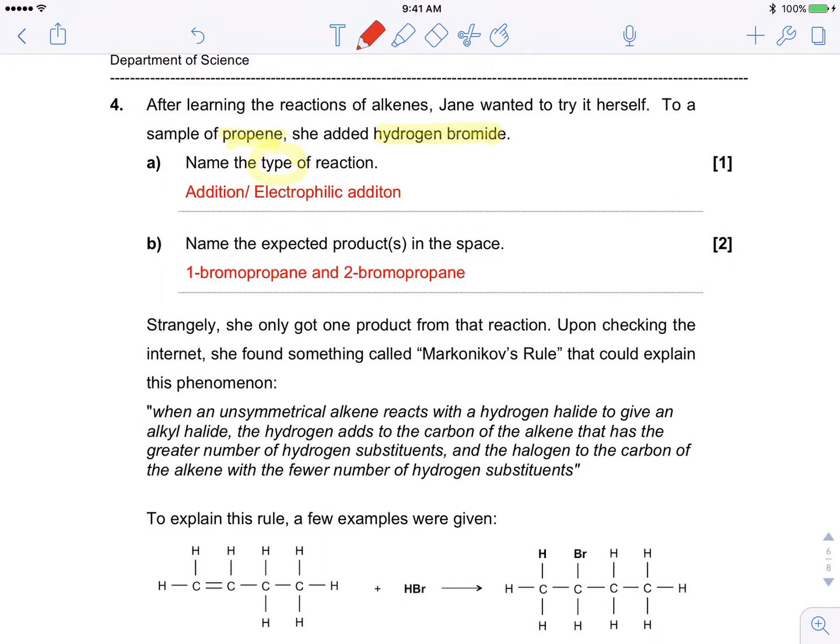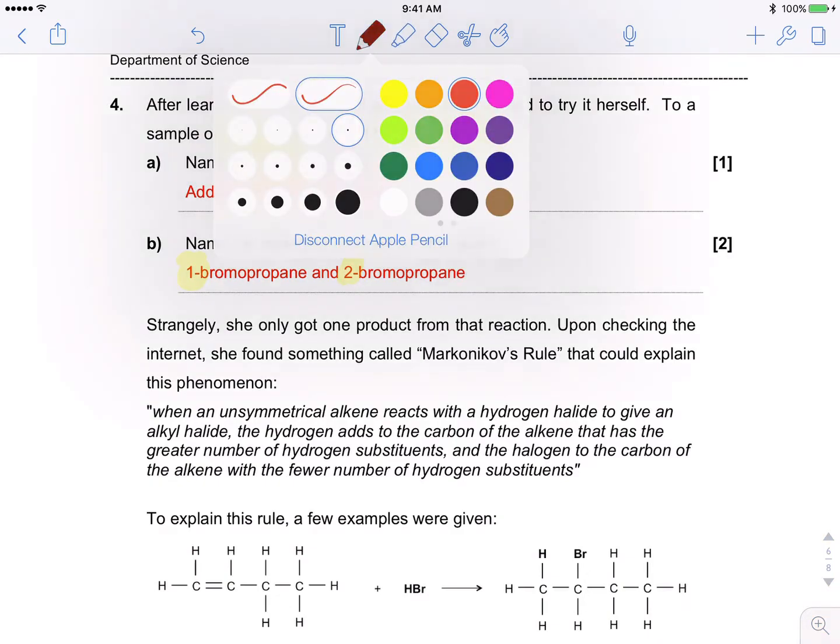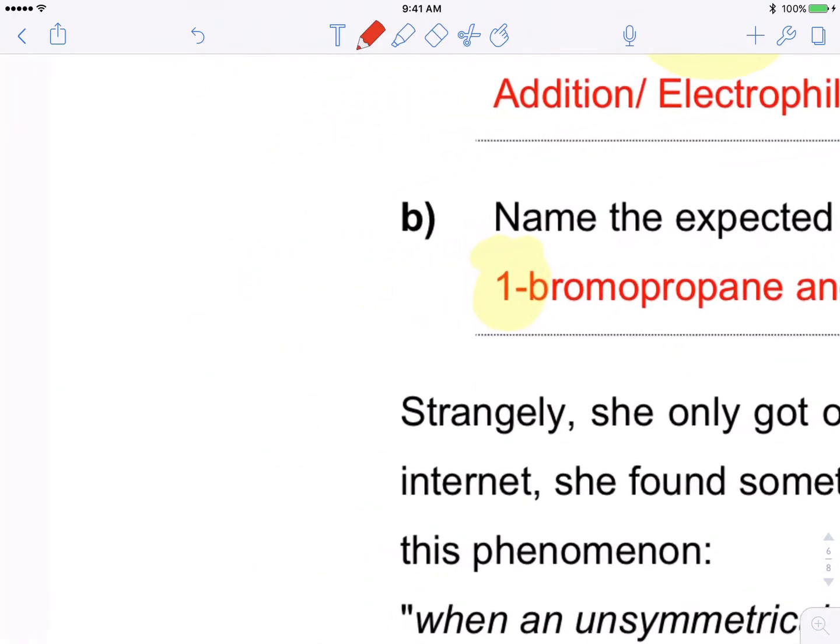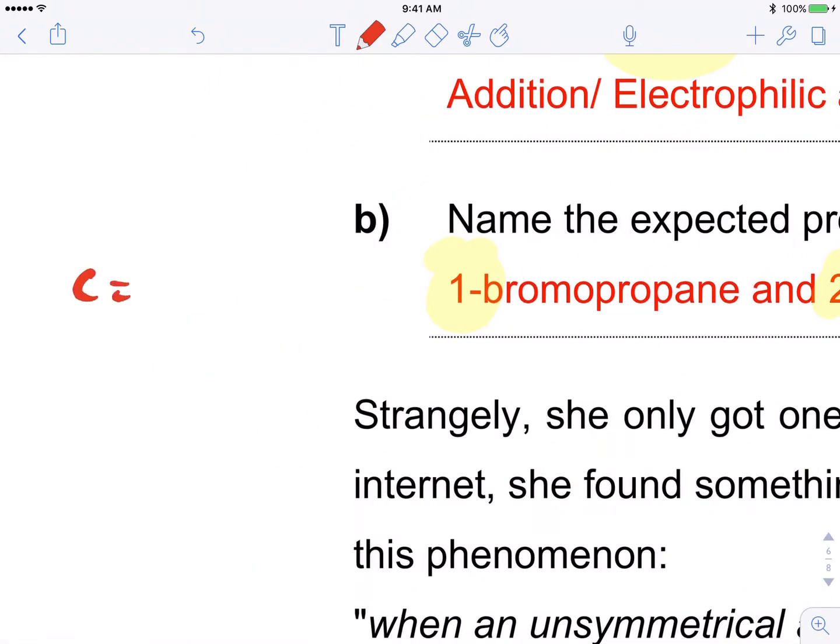Name the expected products in the space. Again, you need to specify 1 and 2. Some of you wrote bromopropane or 1,2-dibromopropane. So again, let me draw propene. Propene looks like this. Right?